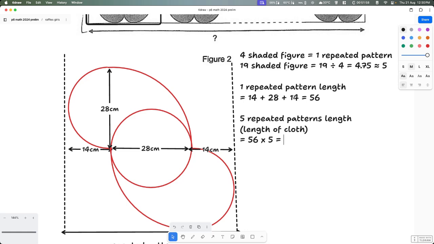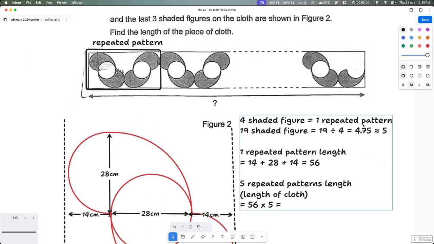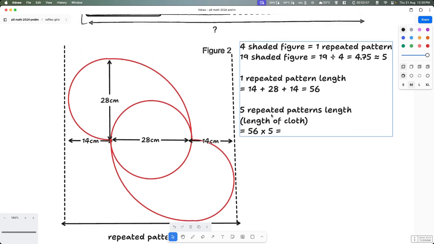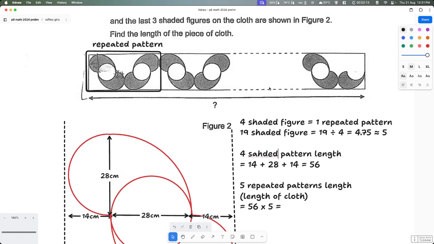Sorry, one repeated pattern is 4 shaded figures. Sorry, this is not 4 shaded pattern length. So 4 shaded figures is one repeated pattern, and one repeated pattern length is 56.